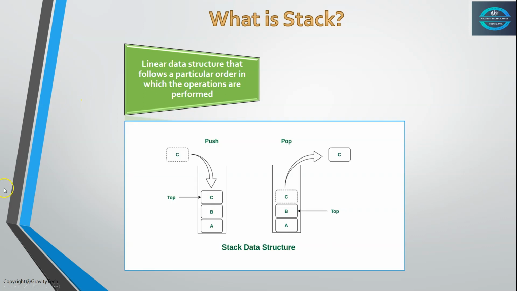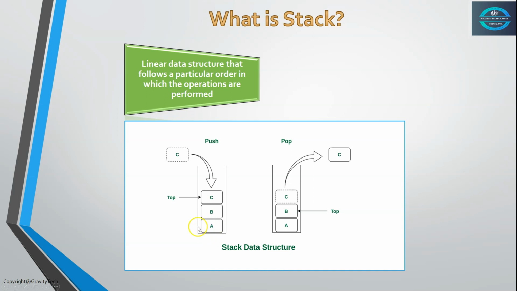Now this is how the stack looks. Assume a stack as a kind of bucket, or take the example of chairs lying on one another. If you have arranged, let's say, 10 chairs, one, two, three, one on the other, the very first chair, which you kept at the bottom, was the chair you kept first.